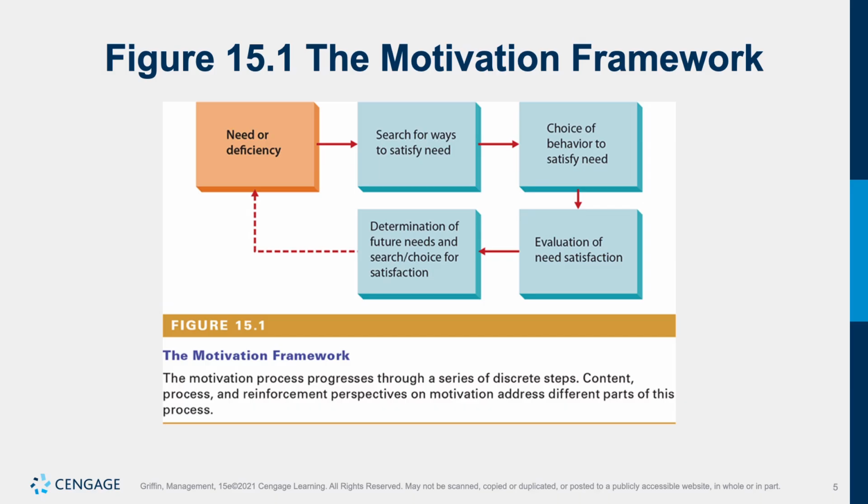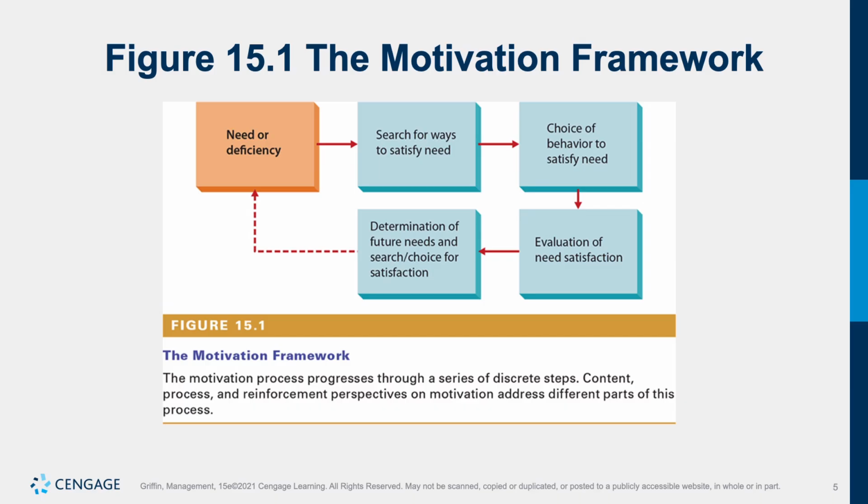We find out that the content perspective actually caters for the search for ways to satisfy need, right? Because the content perspective is all about how the manager looks for ways to satisfy the need of an employee for them to be motivated. Now, the process perspective looks at what are the behaviors that will satisfy the need and the evaluation of need satisfaction.